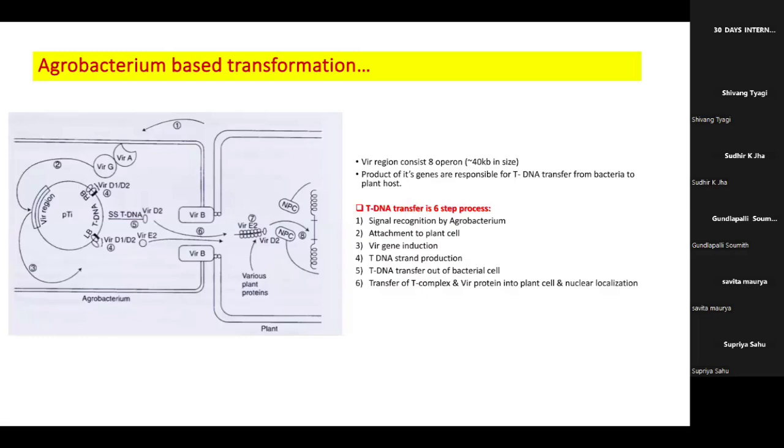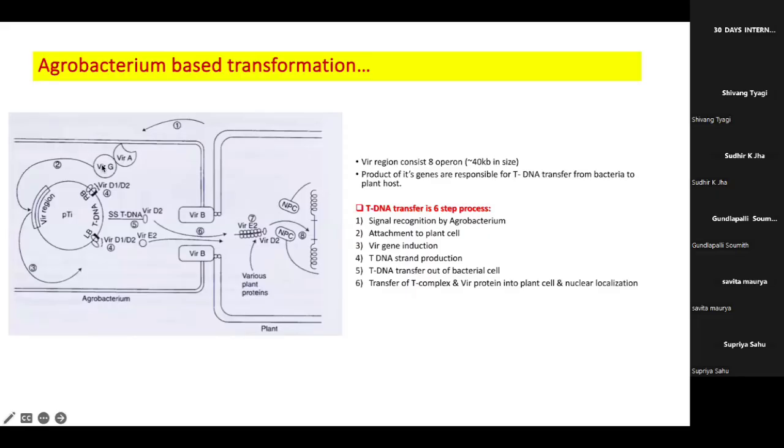That compound is sensed by the agrobacterium. Here the VirA gene, as you can see in this picture, will sense the acetosyringone or phenolic compounds, and VirA will activate VirG by phosphorylation. It will consume ATP by phosphorylation and activate VirG.